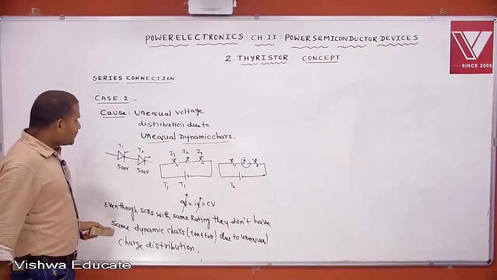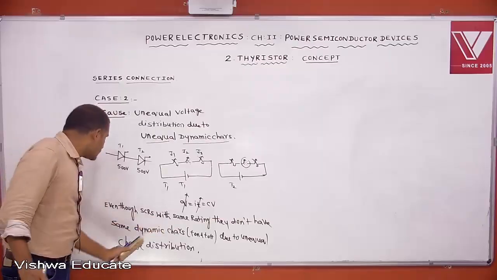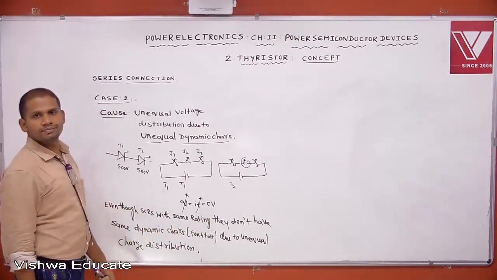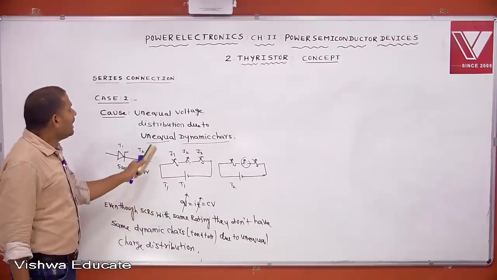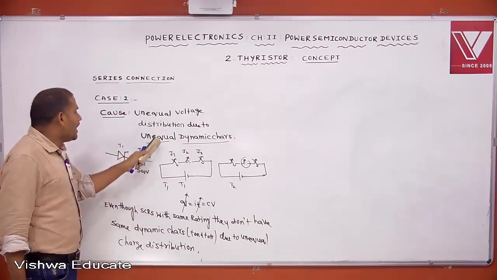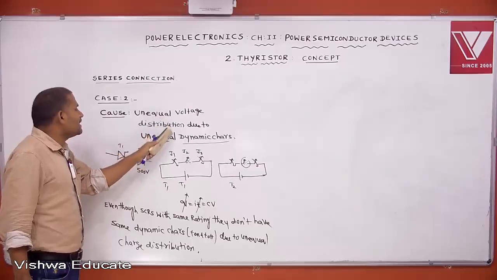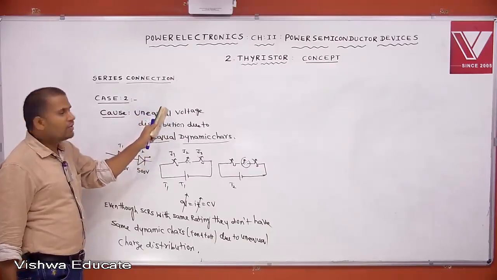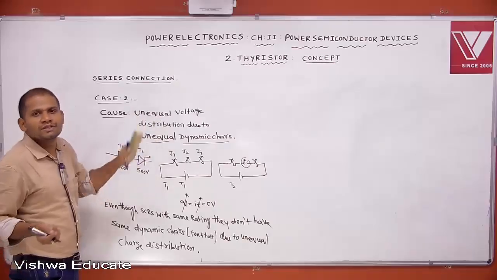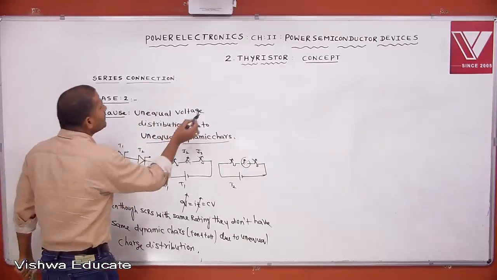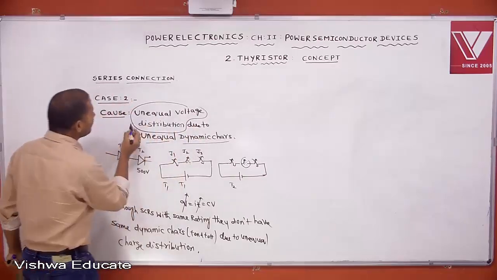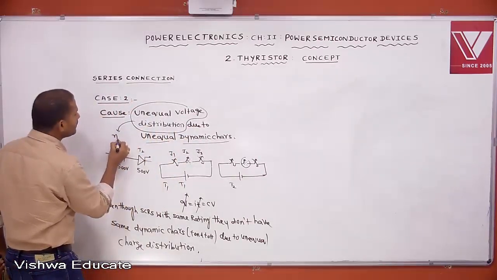This is the reason why there exist unequal dynamic characteristics. Due to unequal dynamic characteristics, there exists unequal voltage distribution. Because of this unequal voltage distribution, string efficiency reduces.